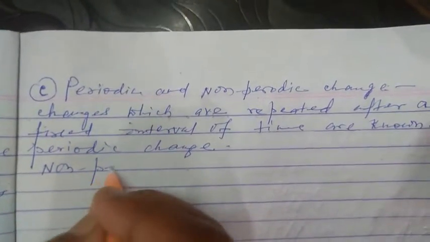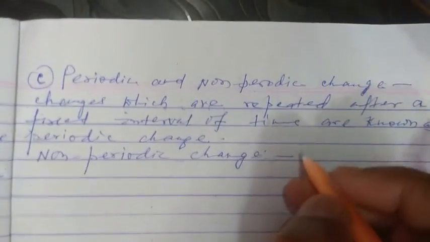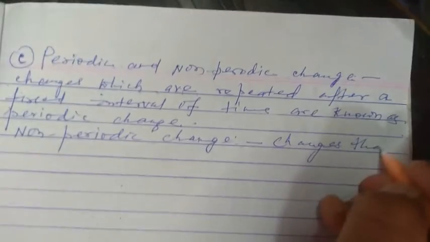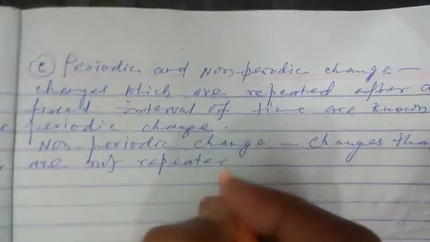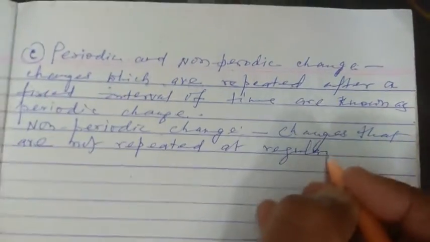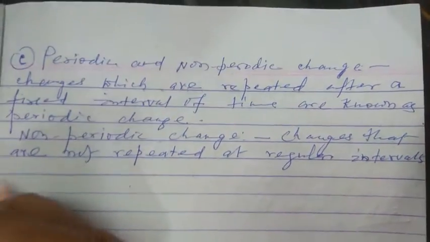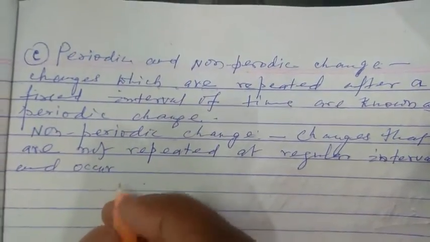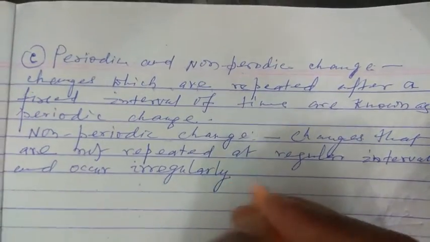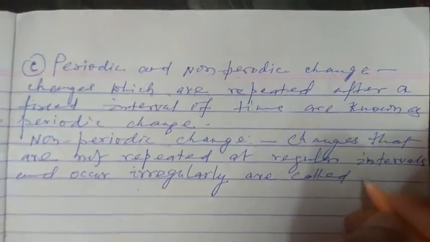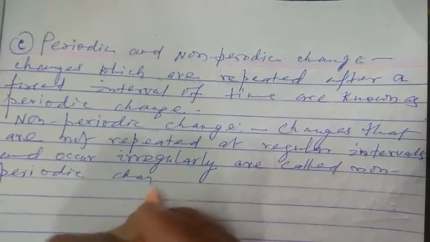Non-periodic change. Changes that are not repeated at regular intervals and occur irregularly are called non-periodic changes.